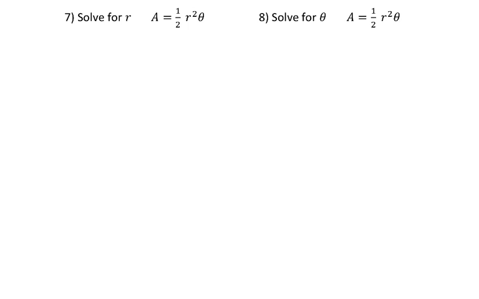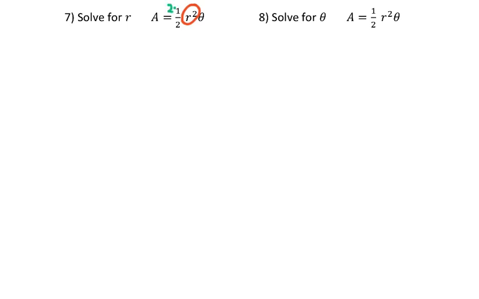Let's go to number 7. Solve for r, which means only r is the variable. So first of all, we know this is a power pattern equation. You need to isolate that r squared on one side. So 1 over 2, how can I get rid of this 1 over 2?